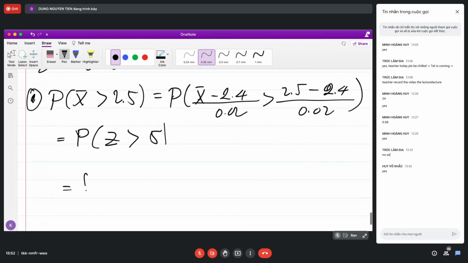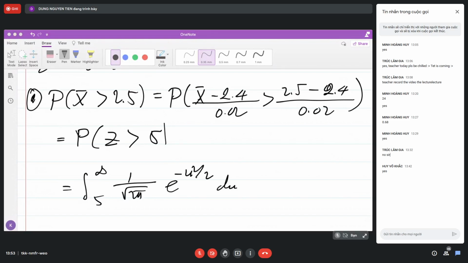Then it is the integral from 5 to infinity of 1 over square root of 2 pi, e to the minus u squared over 2, du. Do you understand? Is that all clear, everybody?